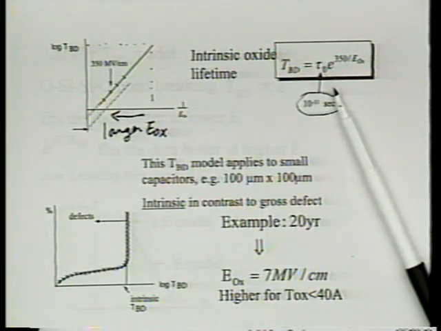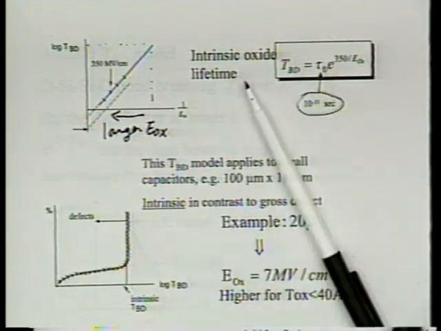Well, that's because when the oxide area is very large, we do expect some very bad defects. Where we don't have those very bad defects, then we call the oxide intrinsic. You following what I'm saying?